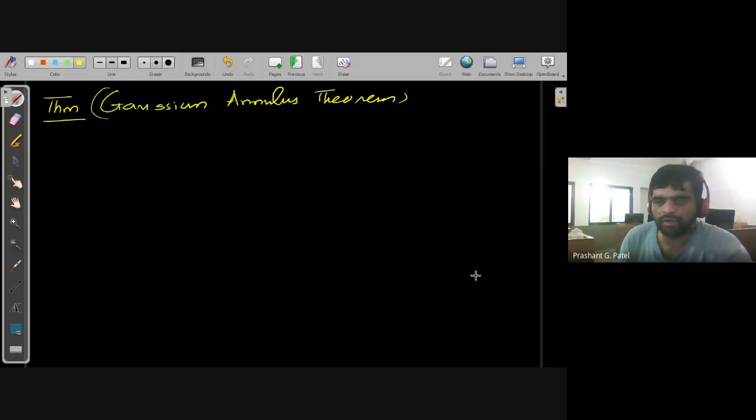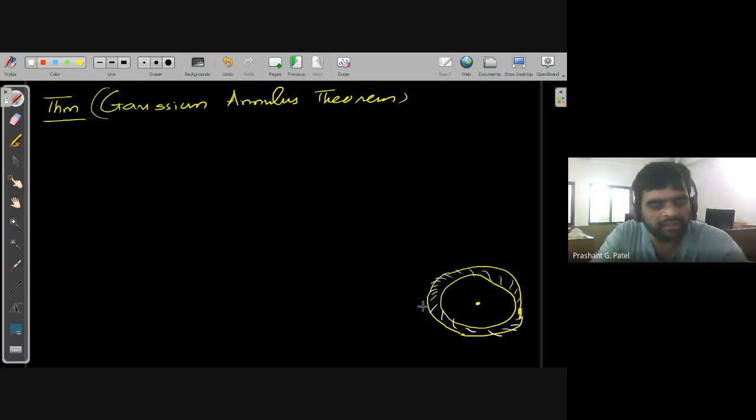Annulus is nothing but, suppose in two dimensions I talk, if you have two concentric circles, that means their center is the same. So this is one circle, another one is this. It may not look like a circle, but you can assume that it is. This in-between portion that we got is known as the annulus.